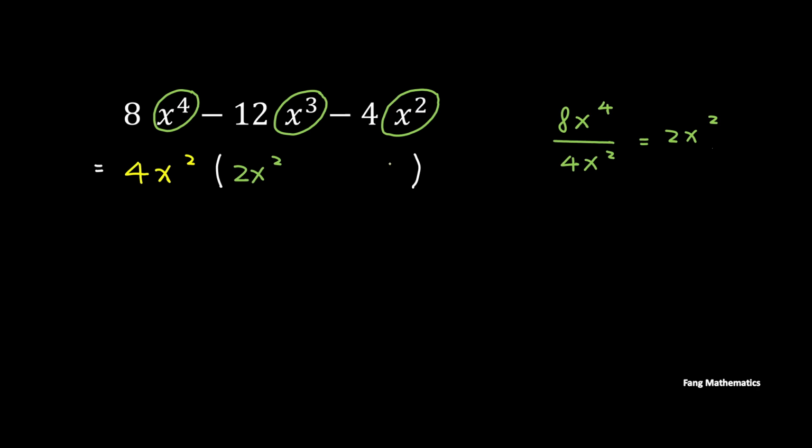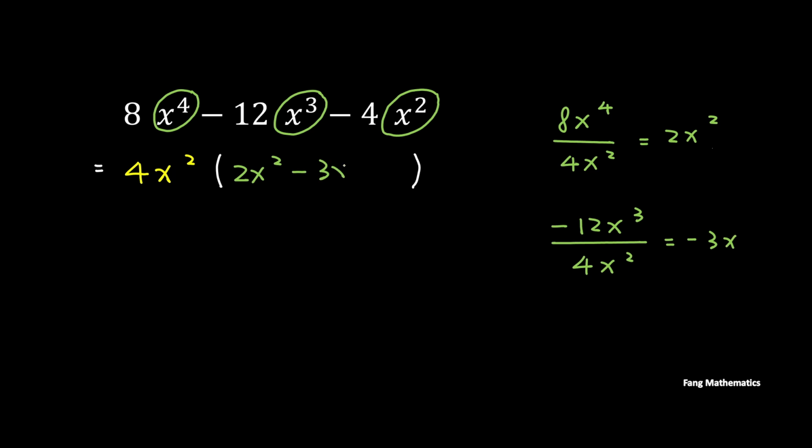The next, you are to put minus 12x cubed. Remember, attach the minus sign to 12, divided by 4x squared. Minus 12 divided by 4 gives you minus 3. x to the power of 3 divided by x to the power of 2, 3 minus 2 should give you 1.